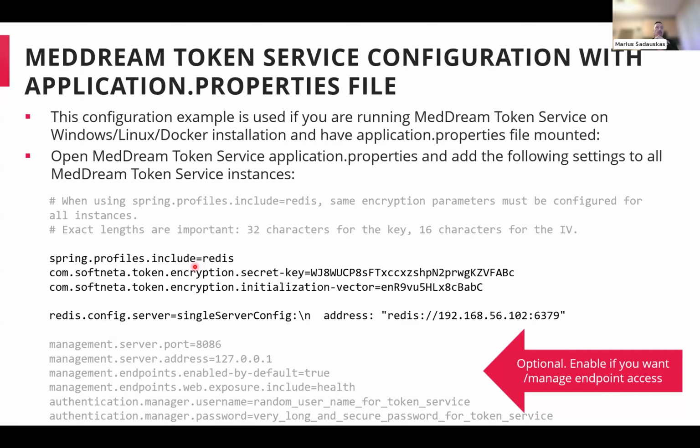As you can see here for the token service, we need only the Redis profile, and you need to provide a secret key and initialization vector. These are also available in our installation and integration manual. So change these values to your own values, but keep in mind that exact lengths are important: the secret key should be 32 characters, and the initialization vector should be 16 characters.